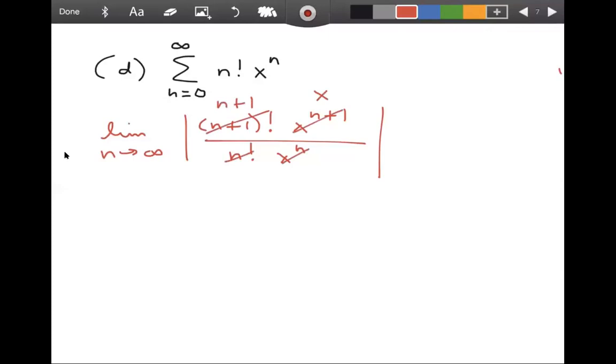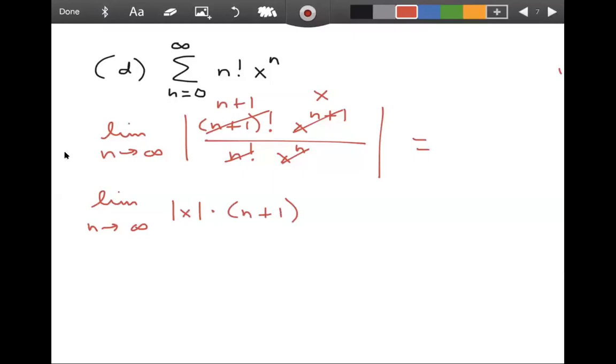All right, so we have the limit as n increases without bound. We'll keep the x inside the absolute value multiplied by n plus 1. Remember that x is a fixed number.